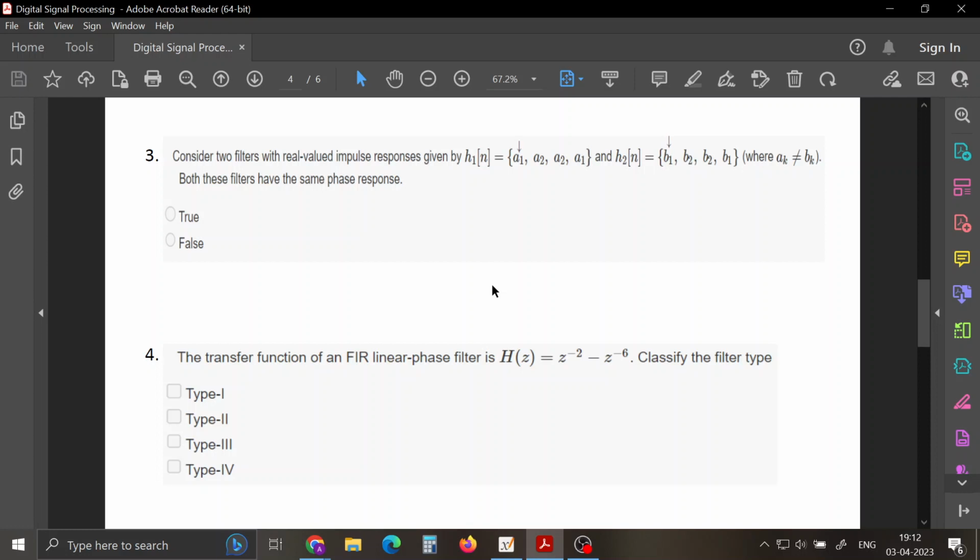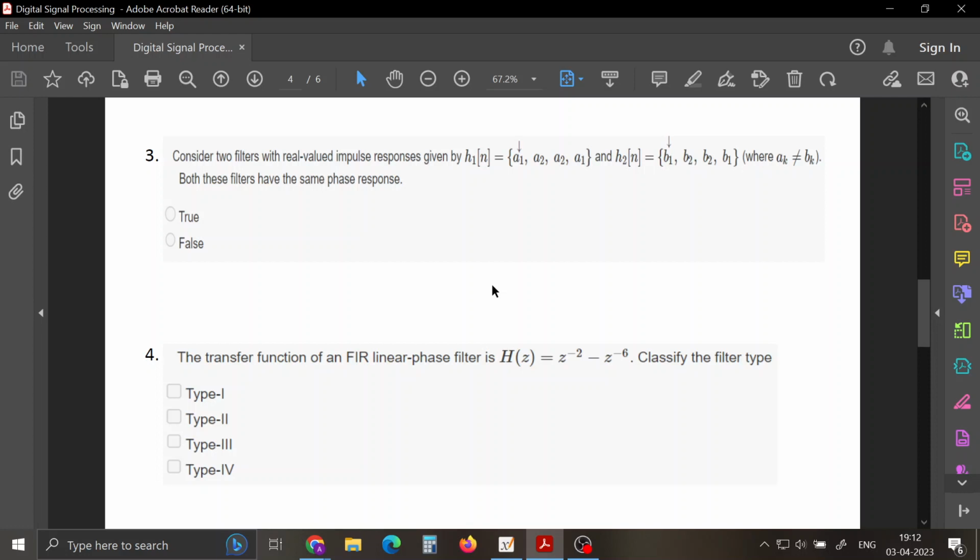And here these coefficients are not equal, that is ak is not equal to bk, so you don't have these coefficients matching with each other. So a1 is not equal to b1, a2 is not equal to b2, that's what it means. So they are clearly different coefficients for the two different filters.